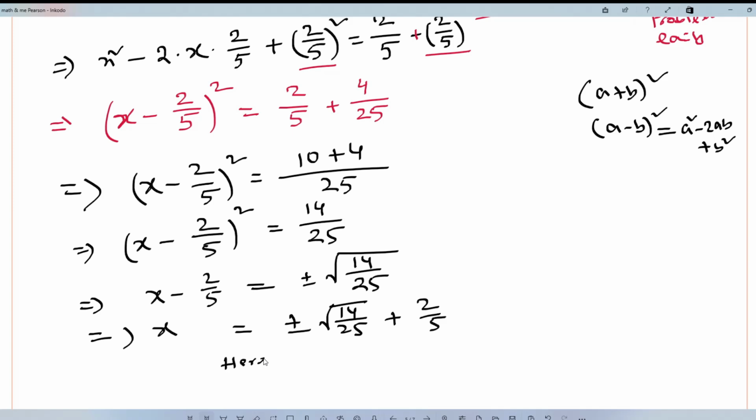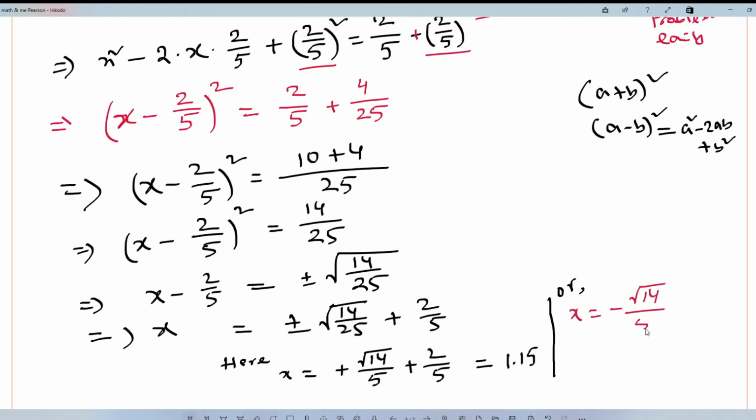Here x is, if we take the plus sign, so plus 14 divided by 5, because root 25 means 5, and here is 2 by 5, so the result is plus what, 1.15. You can use a calculator. Or look, x is minus root over 14 by 5 plus 2 by 5.